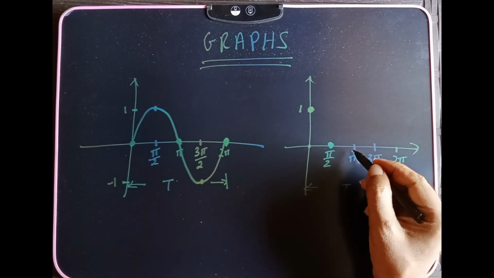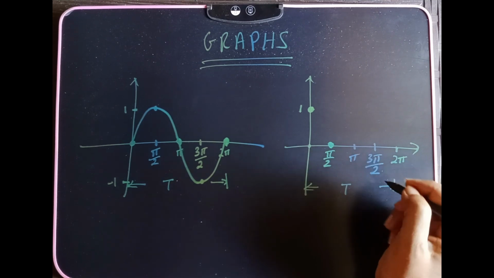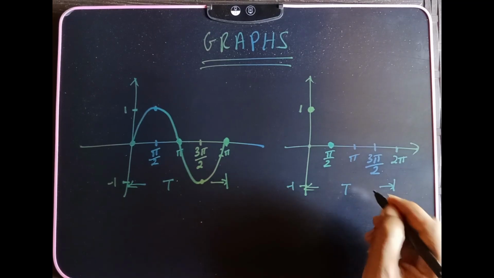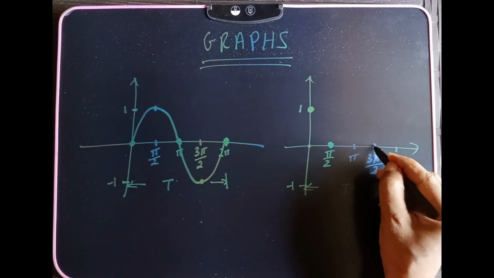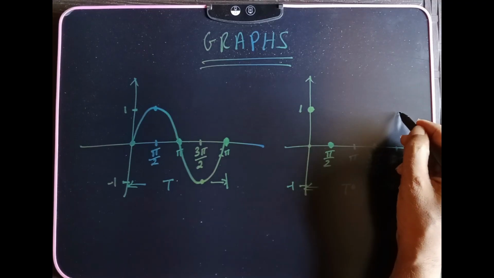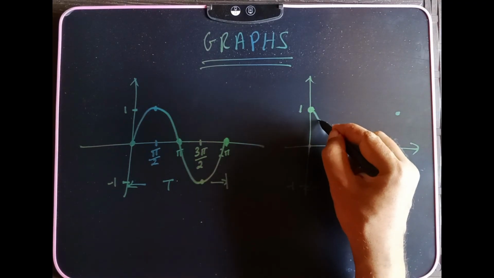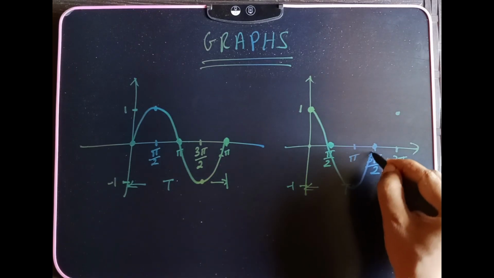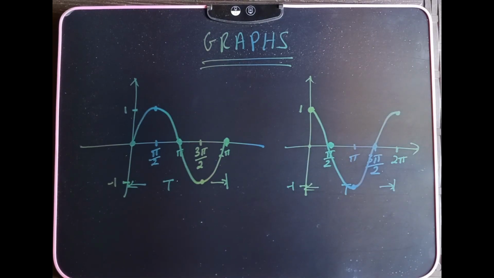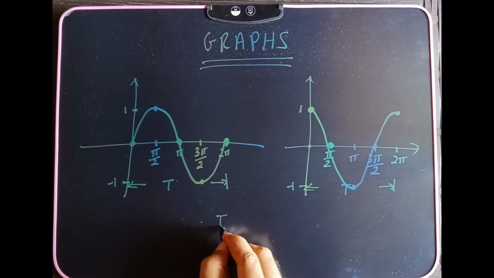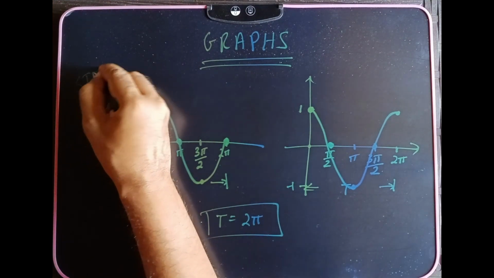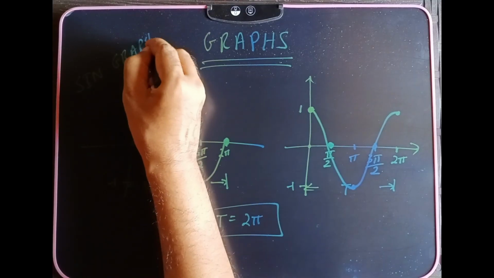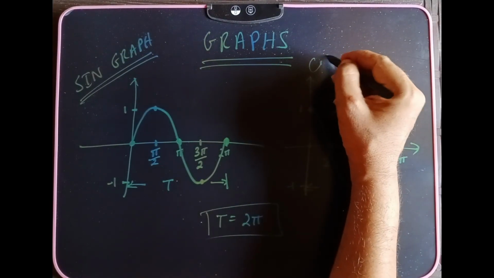Cos of 180 is minus 1, so you get somewhere here down. 3 pi by 2 will be 0 again, and 2 pi will be 1. So you'll get the cos graph, and the time period is 2 pi. This is the sine graph, and this is the cos graph.